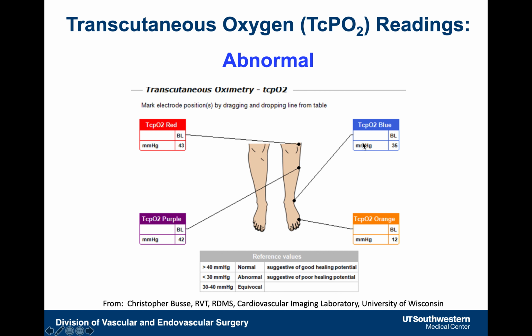And it's in the gray zone higher up near the ankle, but normal further up the leg. So this would be suggestive of a person who would certainly heal an above knee amputation, probably a below knee amputation, but as we go down to the ankle and the foot, it becomes more dubious whether the patient would be able to heal any wounds or incisions at those levels.